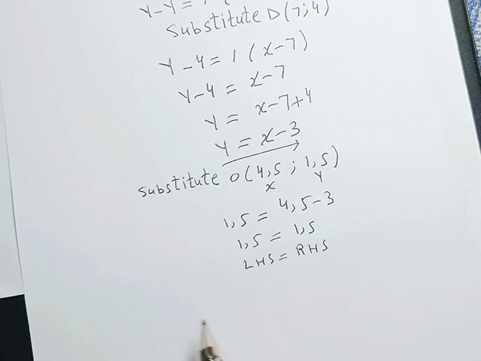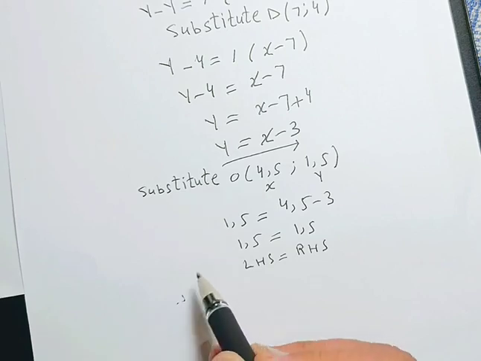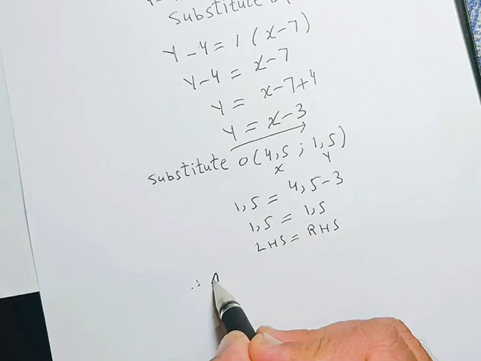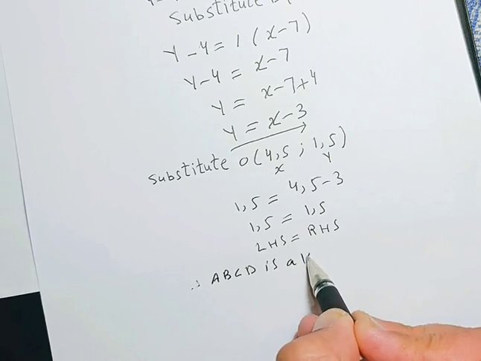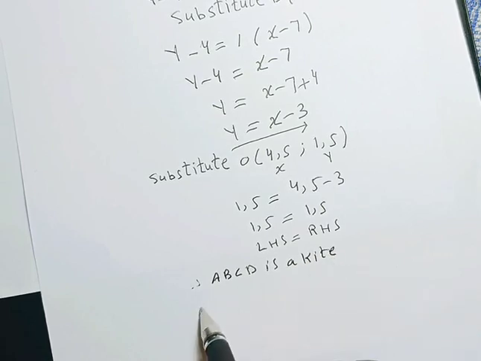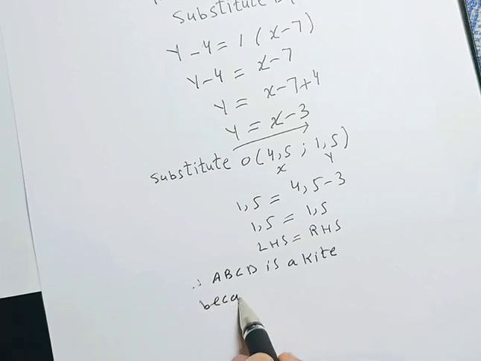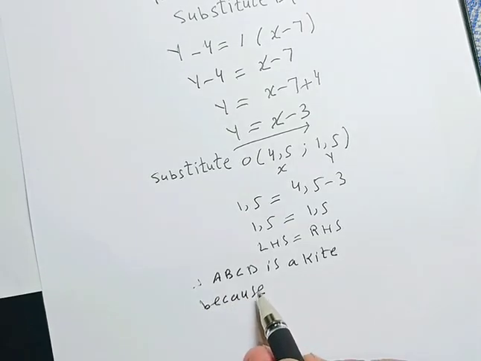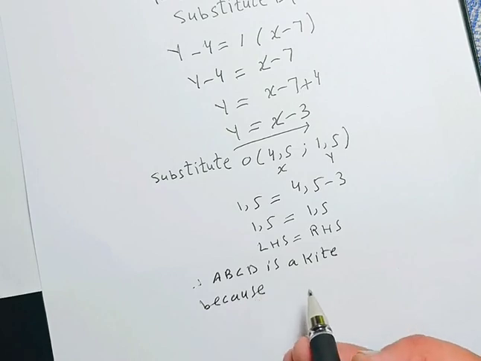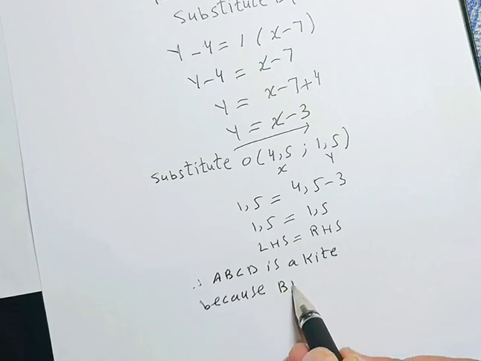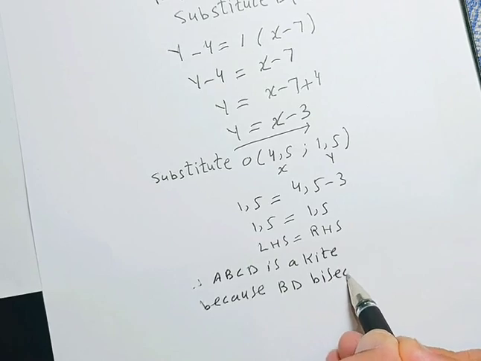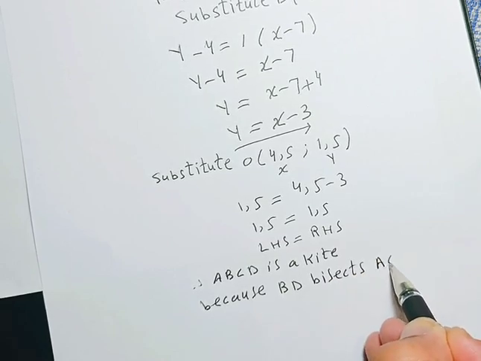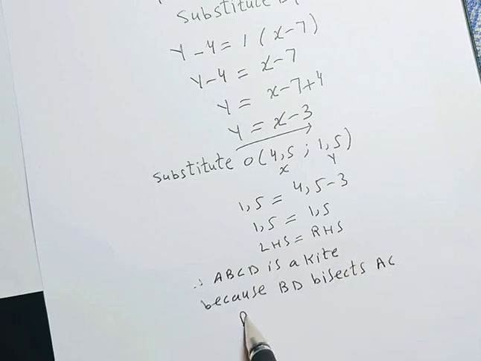Therefore we say ABCD is a kite, and the reason we say is because BD bisects AC perpendicularly.